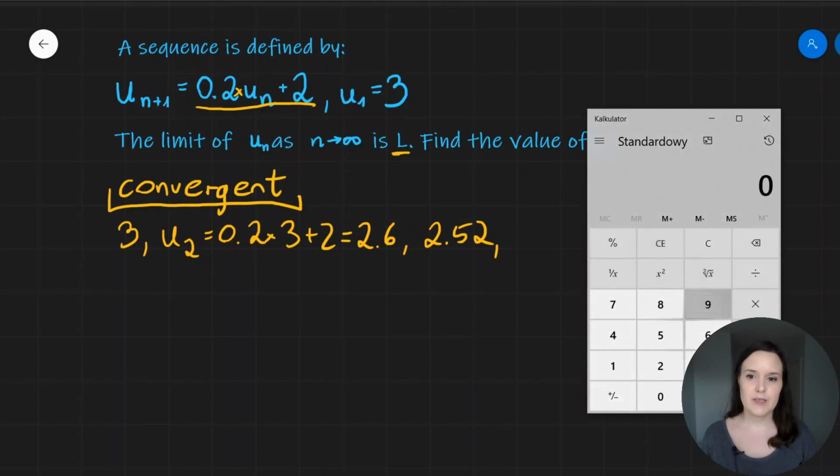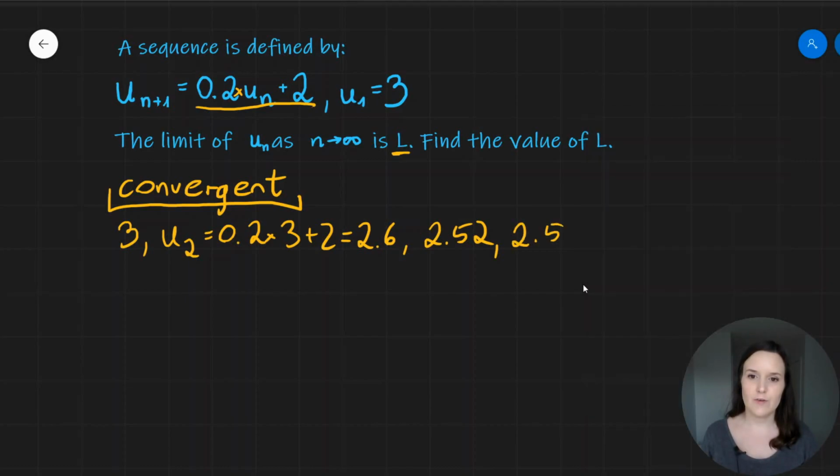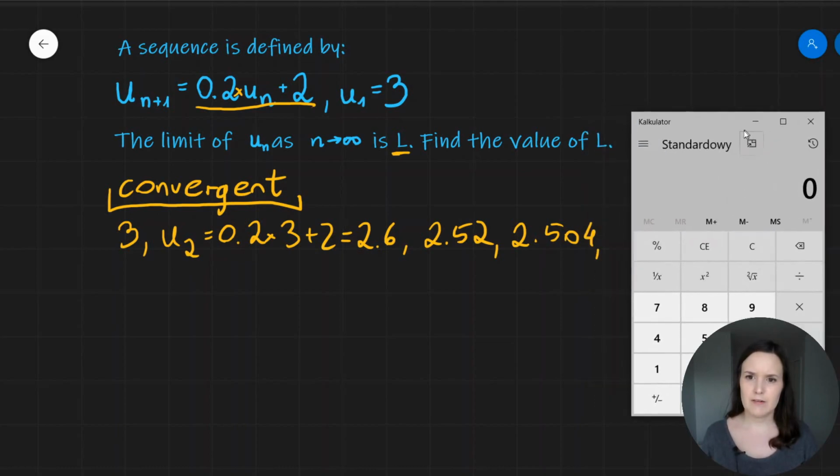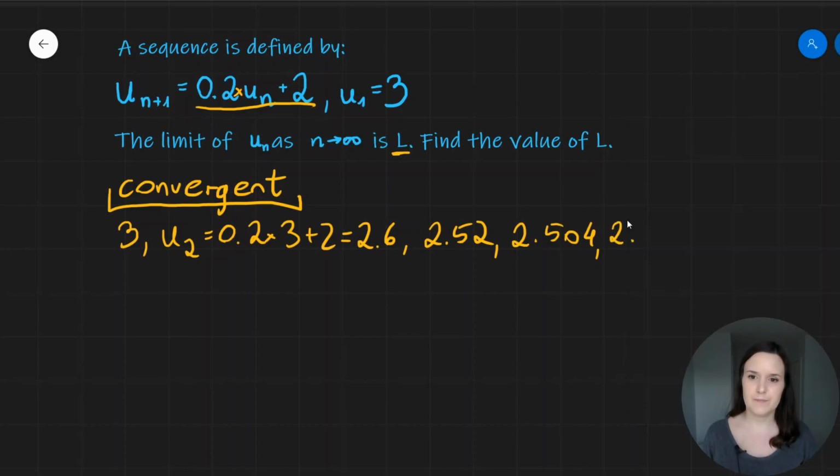So the next one is 0.2 times 2.52 plus 2. That's 2.504. Maybe one more. So now I take 0.2 times 2.504 and add 2. That's 2.5008.